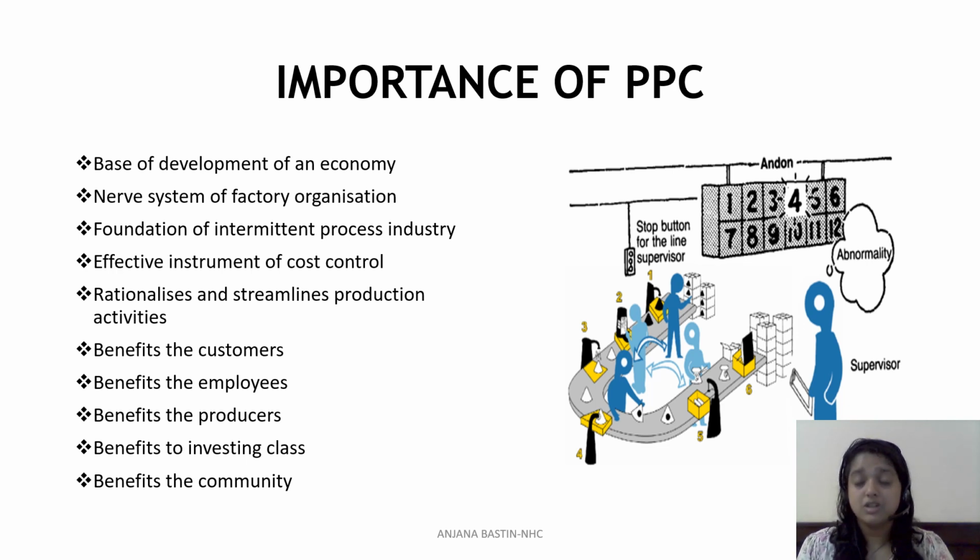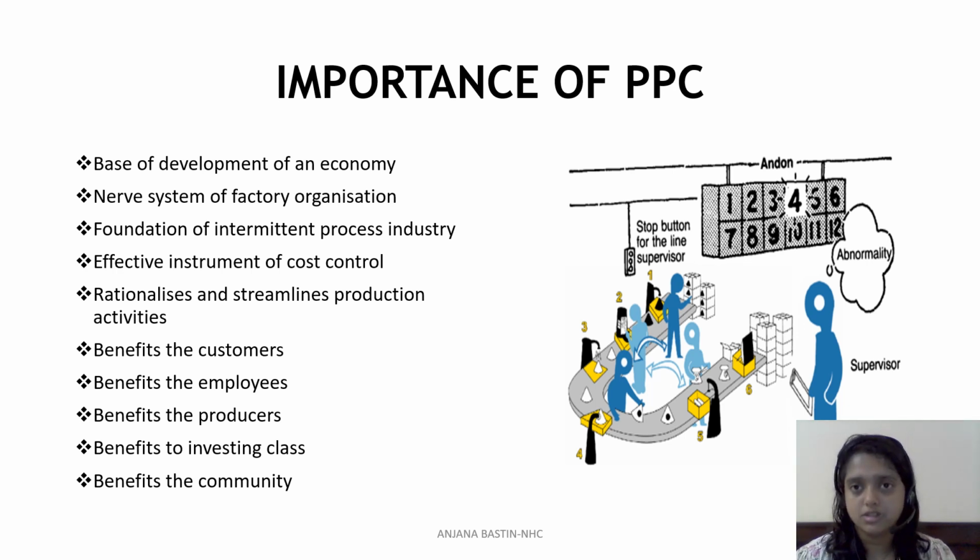So there are a lot of materials compared to the usual continuous flow of production or job shop production. Intermittent has a lot of materials, different machines, different equipment, different people working on this. Only if PPC is present in such industries can they perform better. So PPC compared to all production systems has a very high importance in intermittent process or batch production.